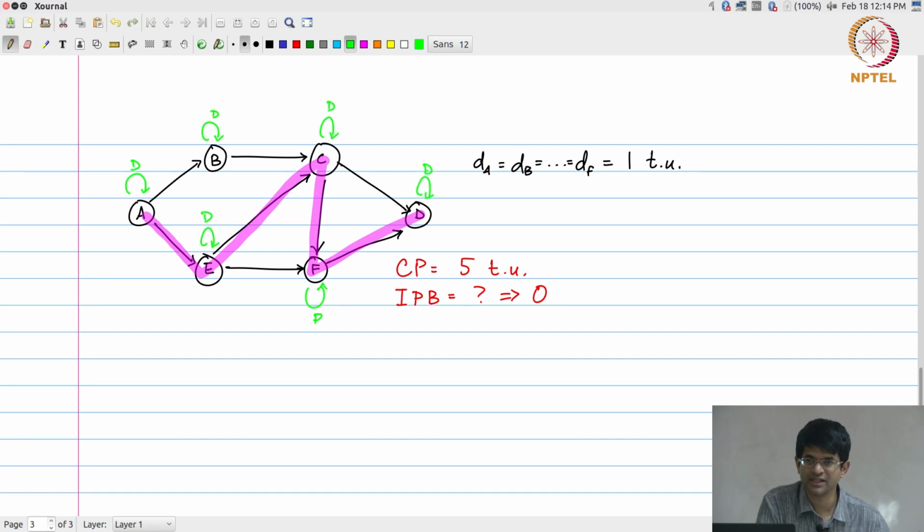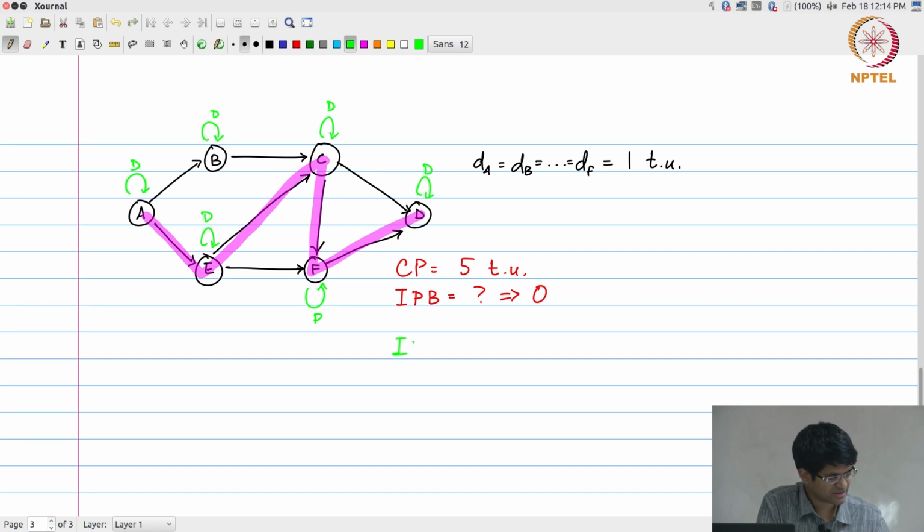Now what would the iteration period bound be? I have loops. There is a loop around A. The loop delay through it, the total execution delay, is dA equal to 1 time unit. The number of tokens on it is 1. Therefore, the iteration bound as far as the loop around A is concerned is 1. Okay.